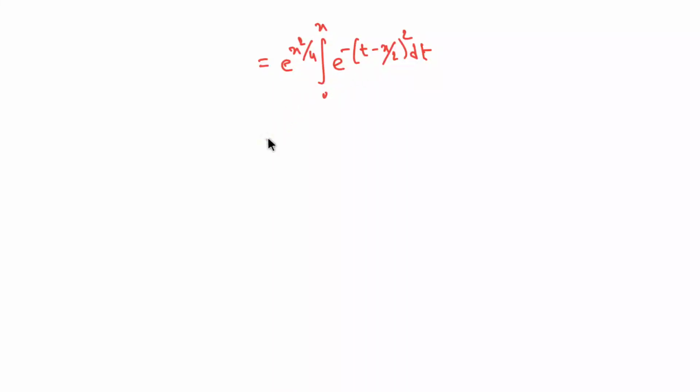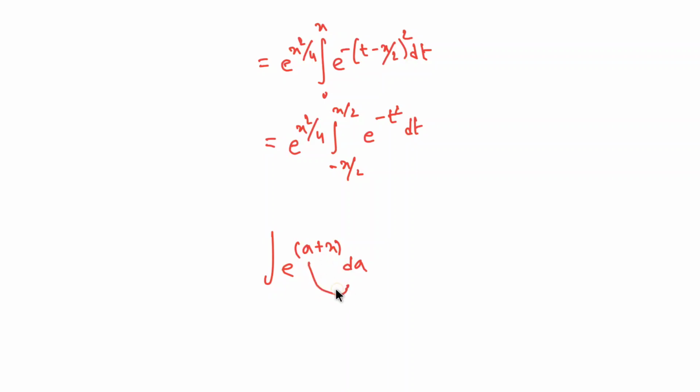So I can write this, using that property which I'll list out later. Instead of 0 to x, I can write this as minus x by 2 to x by 2 of e power minus t square dt. The thing is, if the expression is like e power minus (a plus x) whole square da, the integral is dependent on a, it's not dependent upon x.